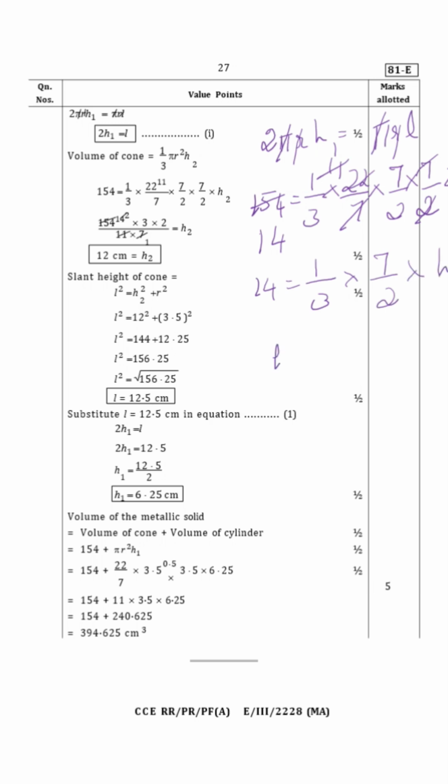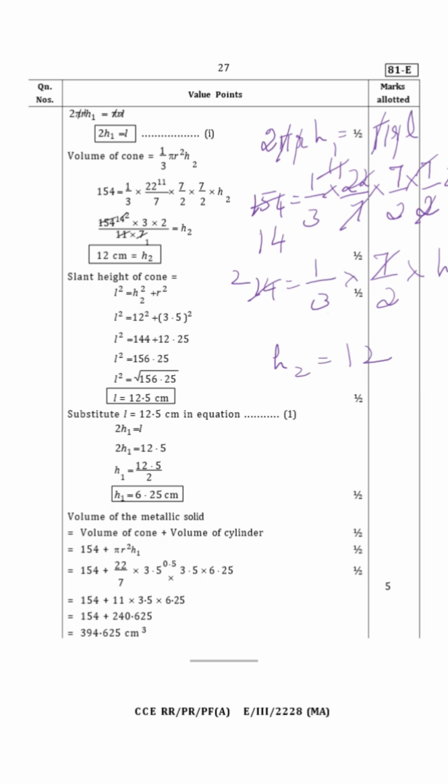So h2 is equal to, here we can cancel 7 2s are 14, it goes to the numerator, 2 3s are 6, 6 2s are 12. So h2 is 12 centimeter.